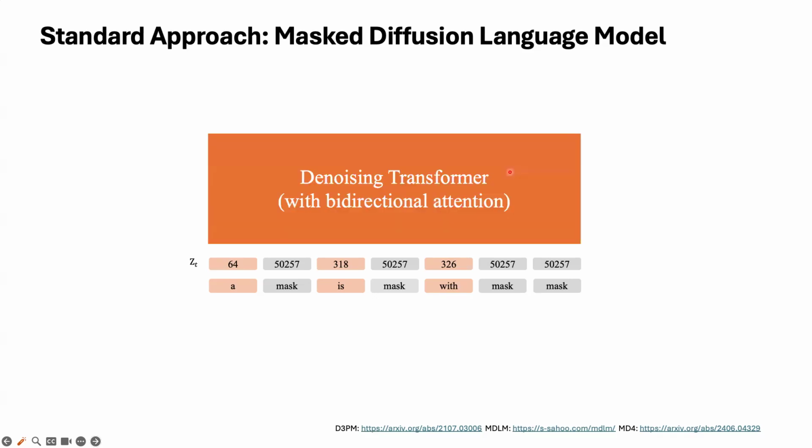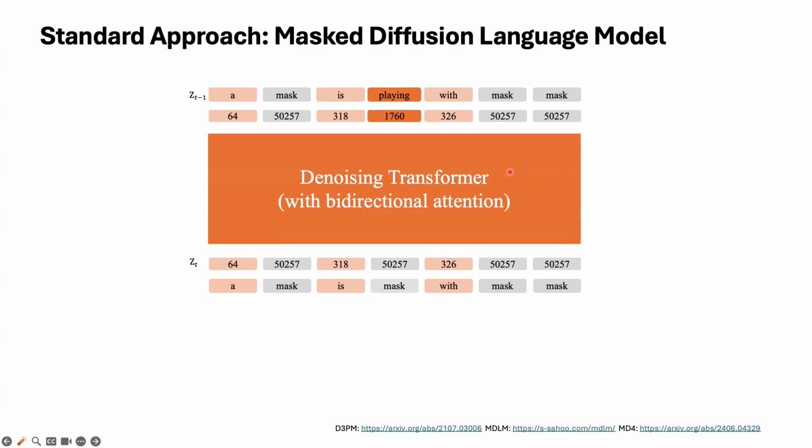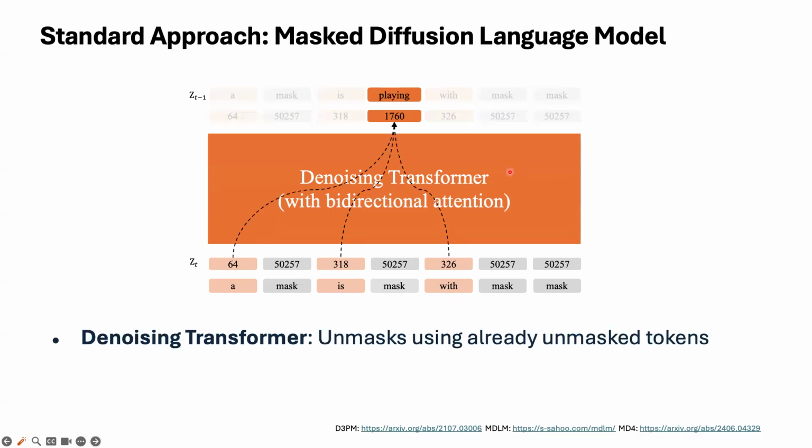What a masked diffusion model then does is use a denoising transformer with bidirectional attention, and then it predicts the next one. Importantly, let's say "playing" was the word that was decoded. Unlike a standard AR transformer, this can depend on all the unmasked words. So "A," "is," and "with" are all unmasked. So basically, the next word that's flipped could use everything that's unflipped.